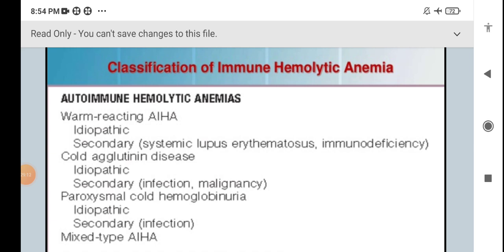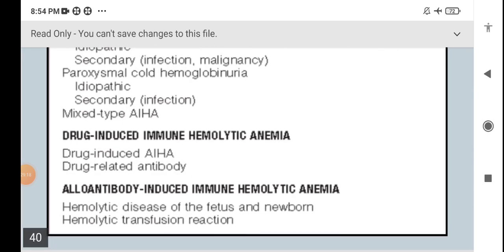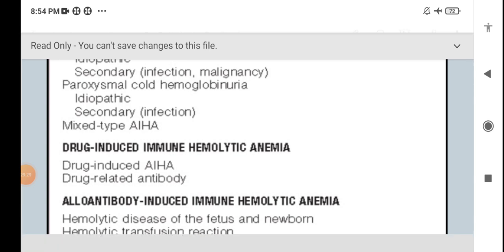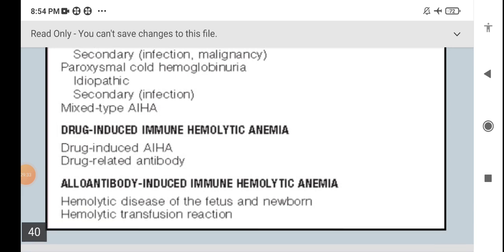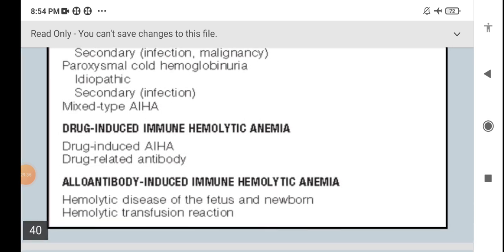Paroxysmal cold hemoglobinuria, idiopathic or secondary to infection, mixed type. Drug-induced immune hemolytic anemia, that is drug-related antibody. Alloantibody-induced immune hemolytic anemia: hemolytic disease of the fetus and newborn, hemolytic transfusion reaction.